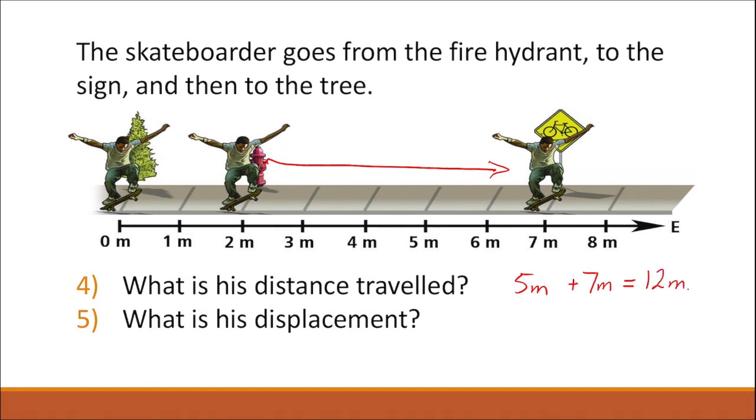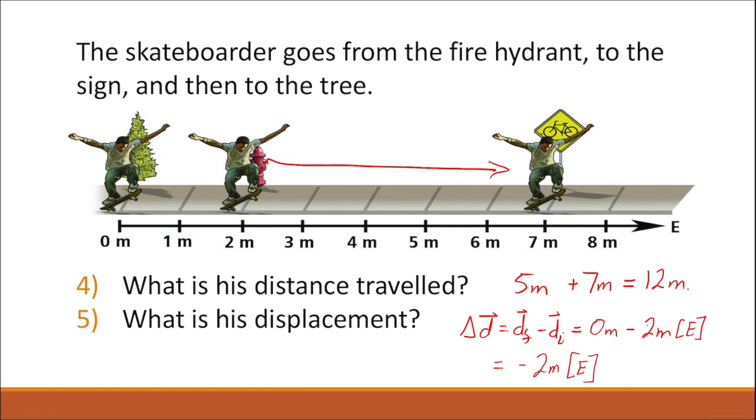Our displacement is much easier. Remember, the displacement is your final position minus your initial position. Our final position is 0 meters from the tree. Our initial position is 2 meters from the tree at the fire hydrant. So his total displacement must be minus 2 meters east.